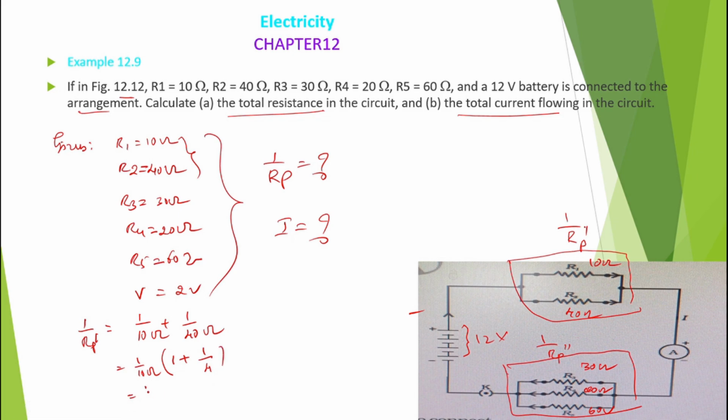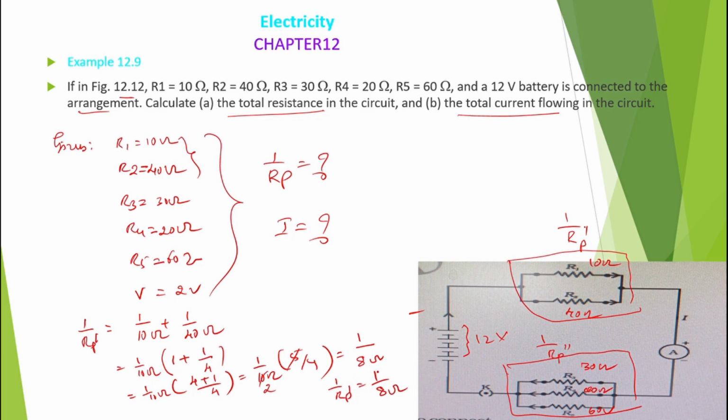So that is equal to 1 divided by 10 ohm, times (4 plus 1) divided by 4. If you simplify this, 1 divided by 10 ohm times 5 by 4, 5 ones are 5, 5 twos are 10. So we got 1 divided by 8 ohm. So 1 divided by Rp dash is equal to 1 divided by 8 ohm.